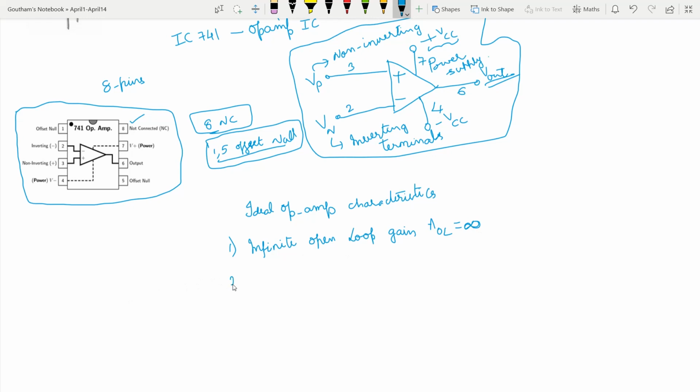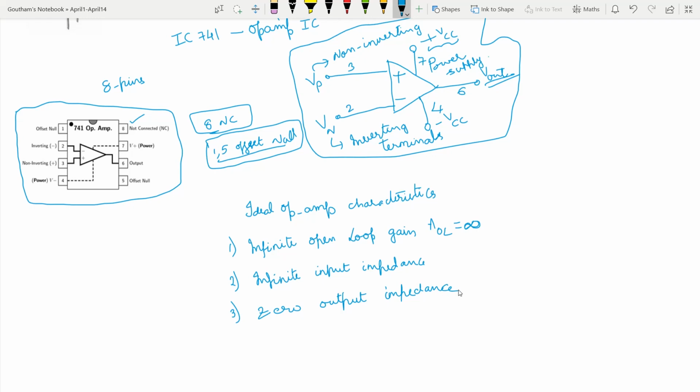Second, on an ideal op amp, we require infinite input impedance. And on an ideal op amp, we require zero output impedance.